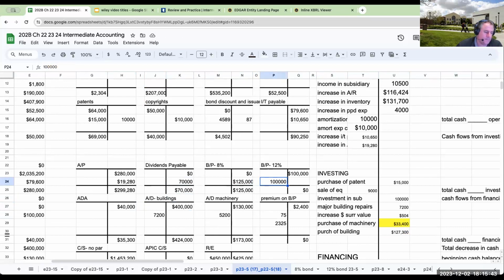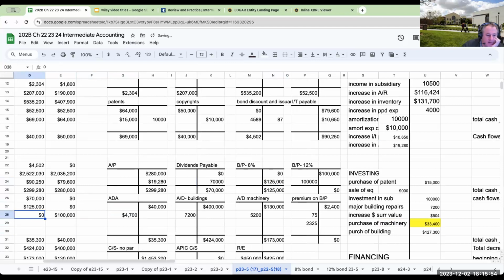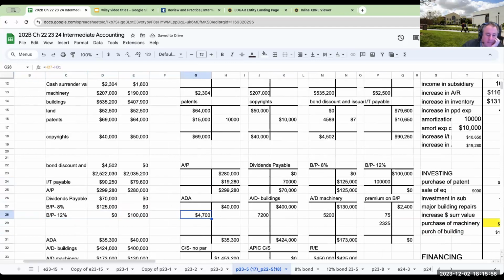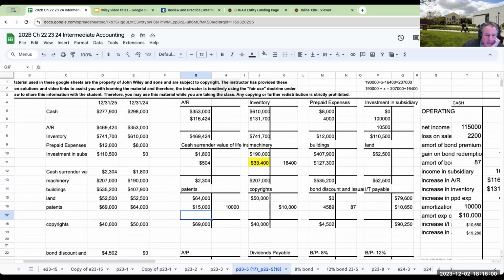So what's kind of funny on this one is that with the allowance for doubtful accounts, they're showing a 4,700 debit. Usually I would call this bad debt expense.